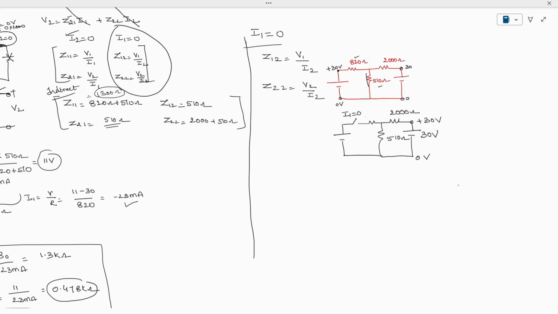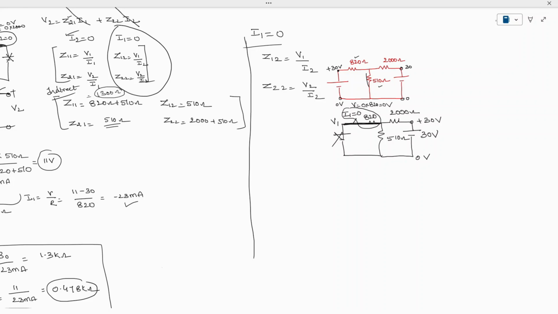Whenever I1 is 0 and it is a series connection of 820, the total voltage V is equal to 0 into 820, which is nothing but 0 volts. So when you do it, automatically the voltage here is 0, which means this branch will act like a short circuit, and since current is 0, there's no need to apply the source.